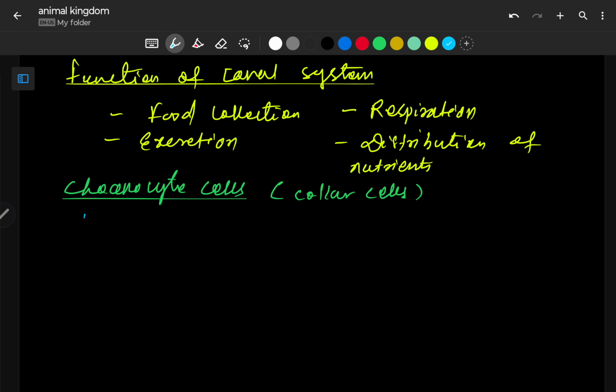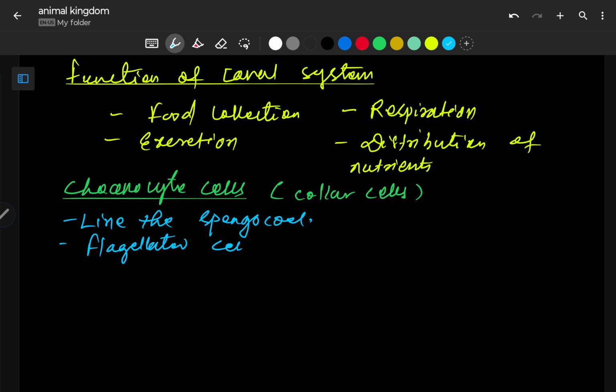They line the spongocoel, the cavity that I showed you. They cover it, and they are flagellated cells and produce water current, because flagella is there, so the movement of flagella produces water current.